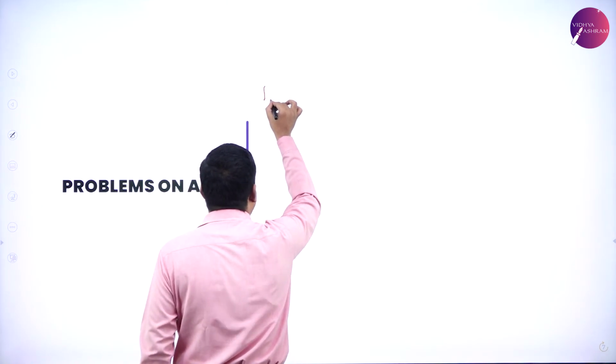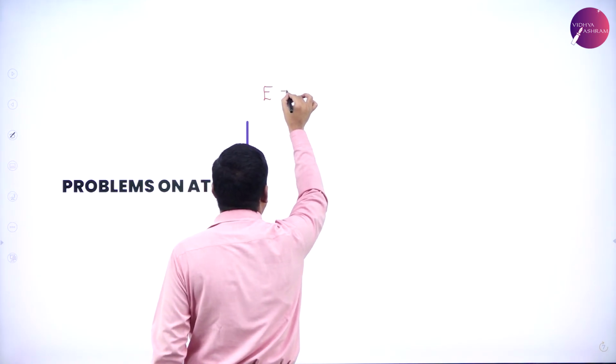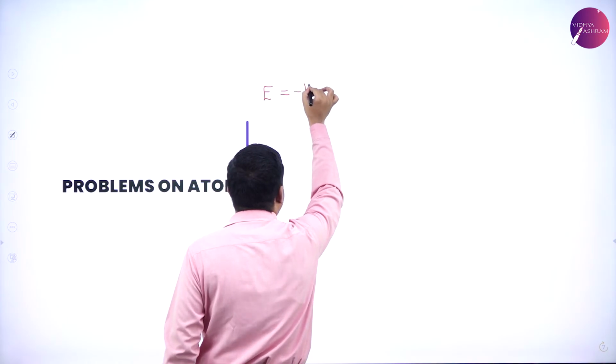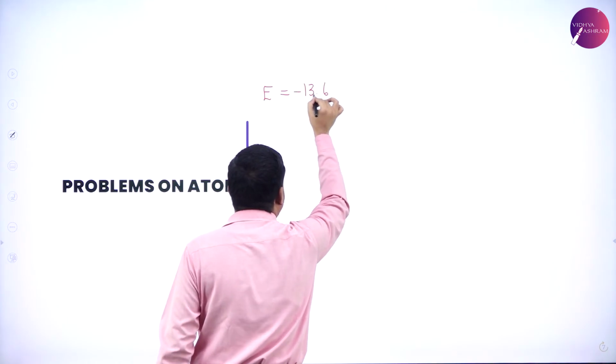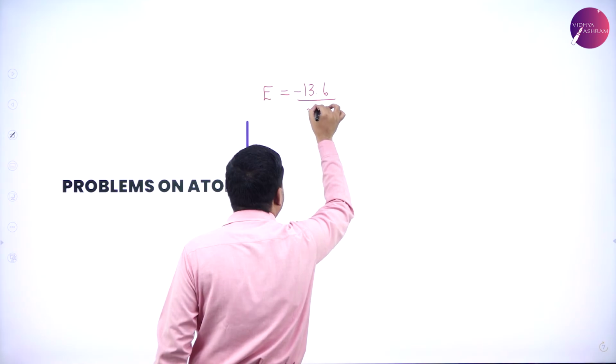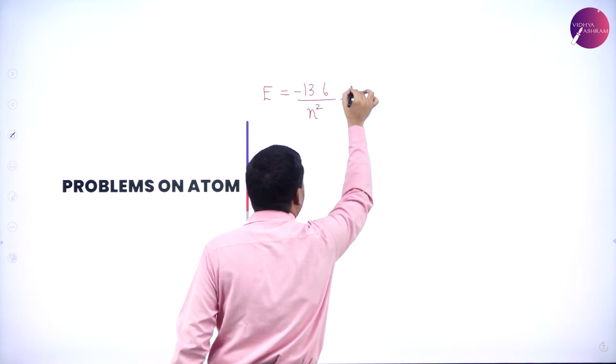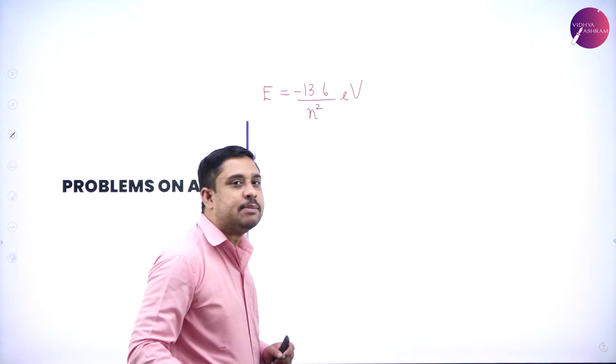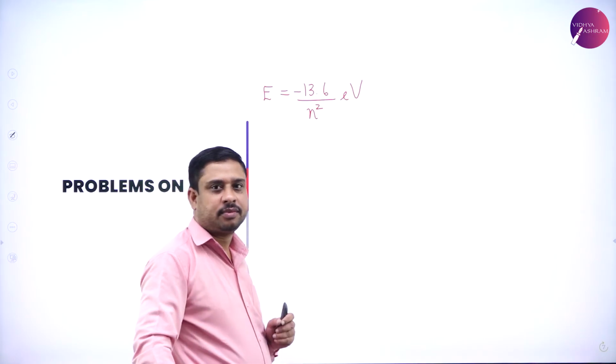So, generally, E is minus 13.6 by n square, so many times electron volt.